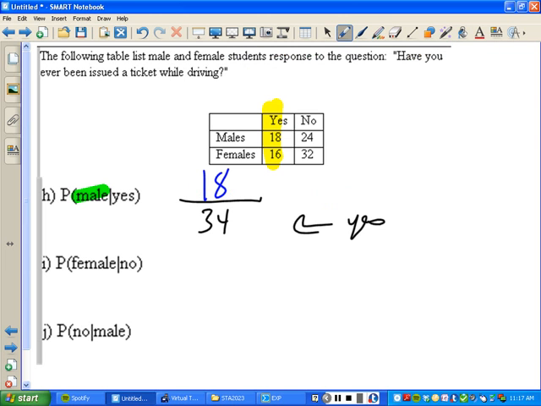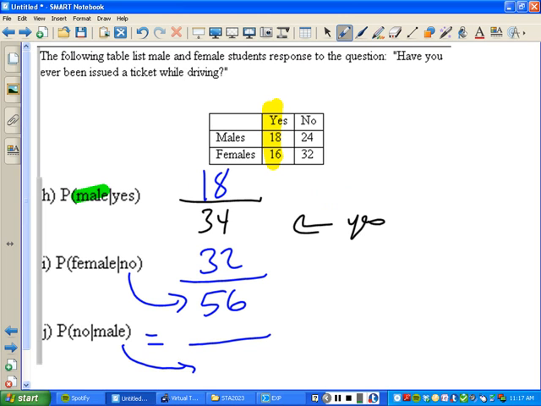All right, how many people said no? 56 people said no. Out of those 56, and only those 56, how many of them were females? 32, there you go. Now, how many males do we have altogether?